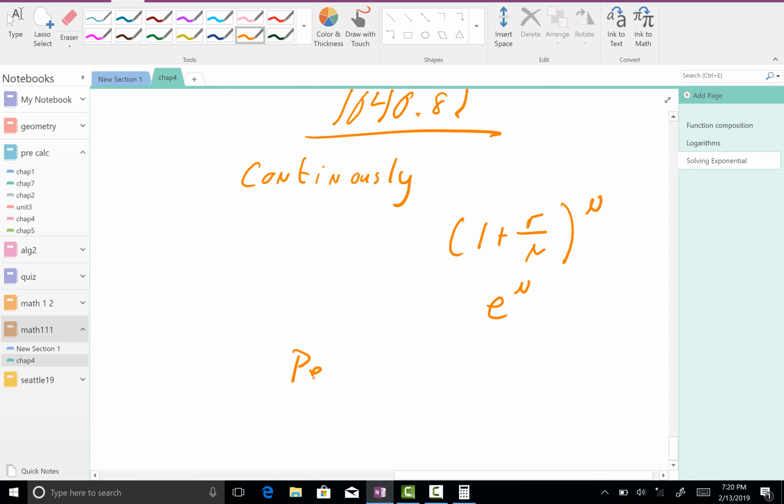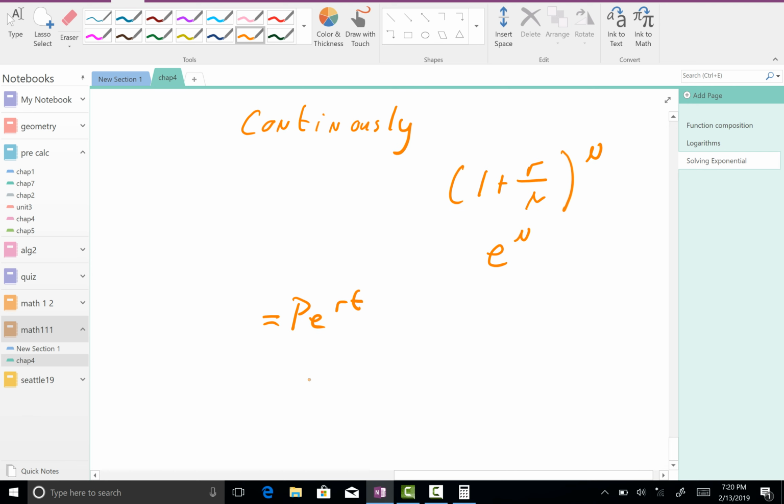So the principal times e to the rt. All right? So if you wanted to find something that was continuous, then you would just take 1,000 times e to the 0.04 times however many years you want to do it, which we just said 1. And that should be pretty dang close to what we got for a minute. Try it out and see.